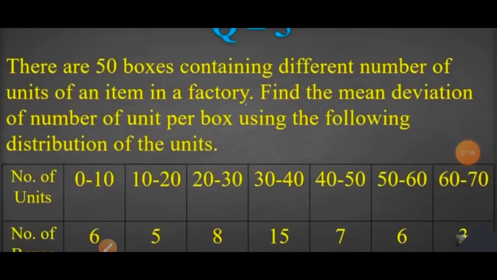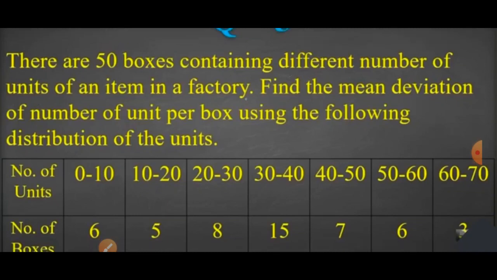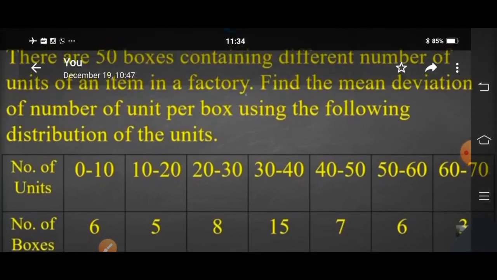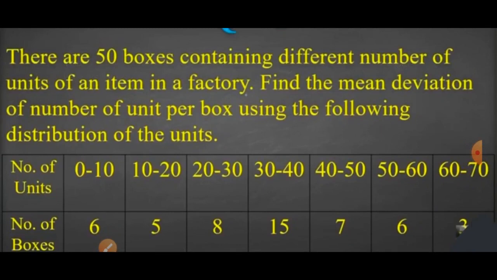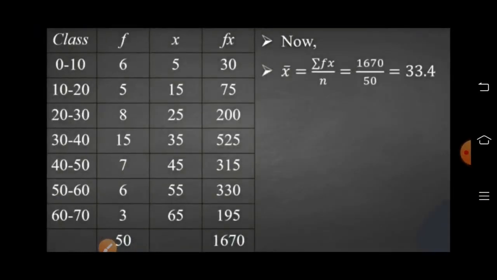Sum number 5. There are 50 boxes containing different numbers of units of an item in a factory. Find the mean deviation of the number of units per box using the following distribution. They have given us observations along with frequencies. First we will find the mean.